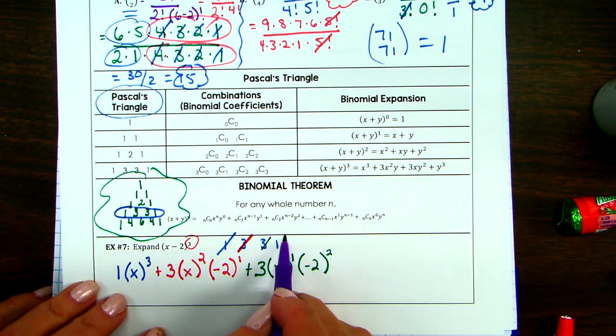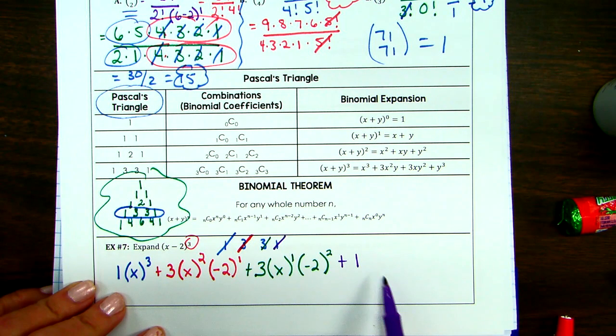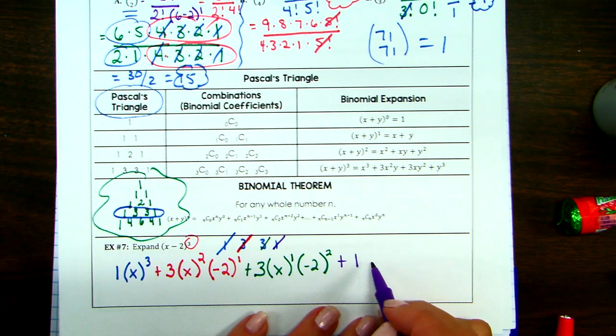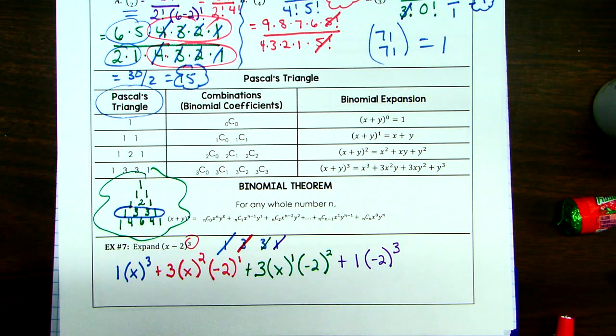One more. 1. Now, I ran out of x's. I could put x to the 0 power, but that's just going to equal 1 anyway. So let's not write it. We just have one last negative 2, which would be power of what? 3.